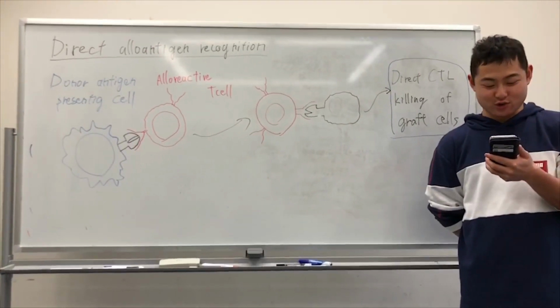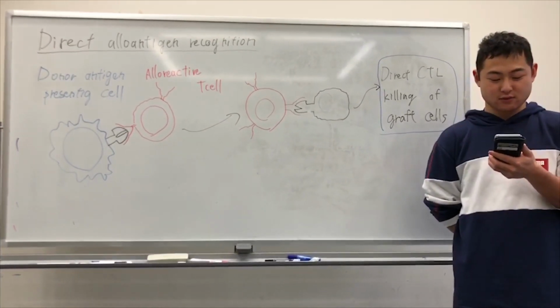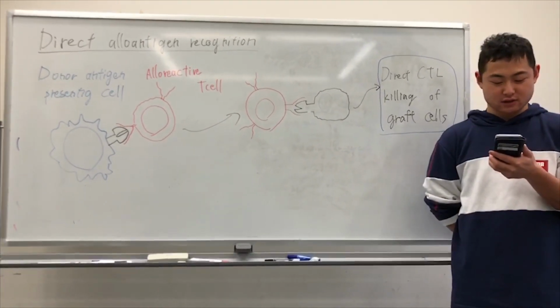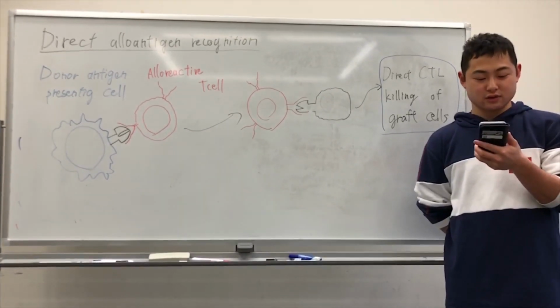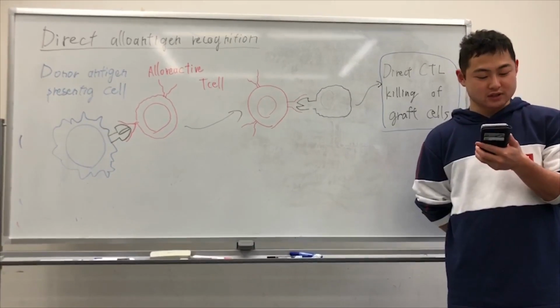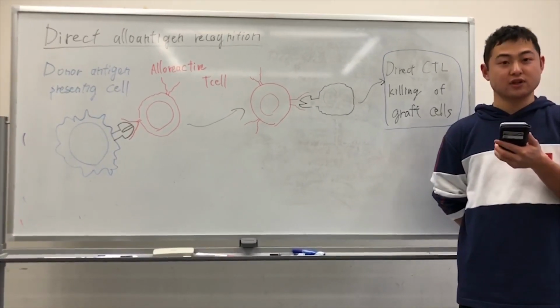Direct recognition of MHC alloantigen occurs when alloreactive T cells directly recognize donor MHC and bound peptides on dendritic cells or other antigen-presenting cells.